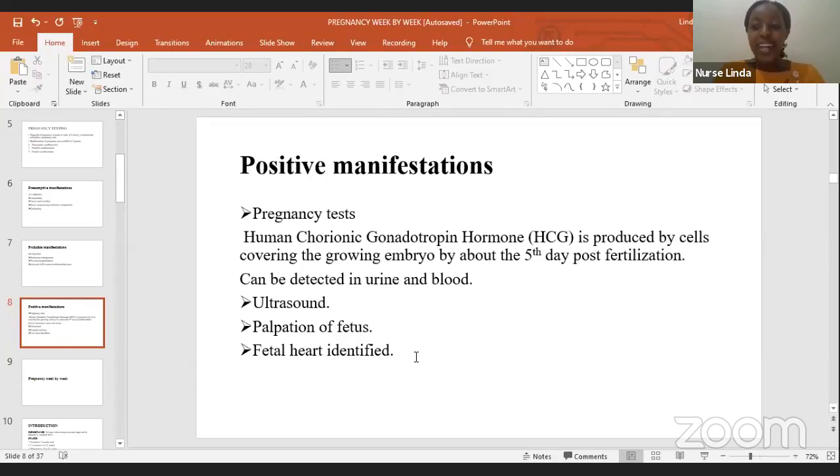Now, if you have attended an ANC clinic, there's that hollow stuff that nurses will use to listen to your belly and to try to listen into the baby. That is what a fetoscope is. And now, if there's a real pregnancy, the fetal heart can be heard through that fetoscope. I hope we are together up to that point. And as I said, you can keep your questions coming.